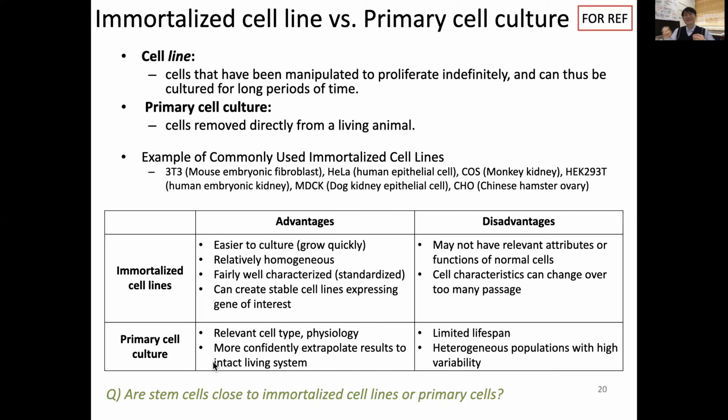On the other hand, a stem cell itself has an indefinite self-renewal capability that mimics immortalized cell lines. One proof that the cells we've got are stem cells is whether they can keep growing and proliferating to bring about a tumor formation called teratoma. So that is one piece of evidence to say, hey, this is really a stem cell. So in that aspect, it also mimics immortalized cell lines.